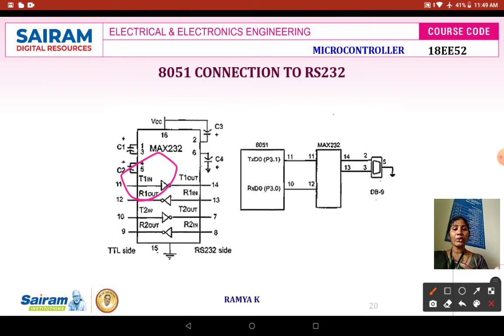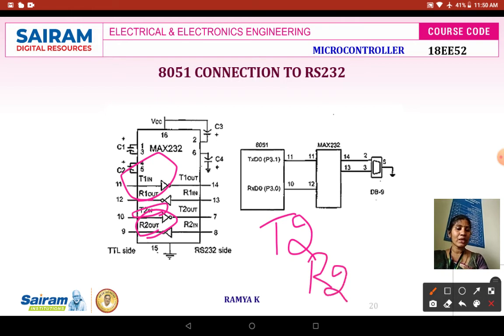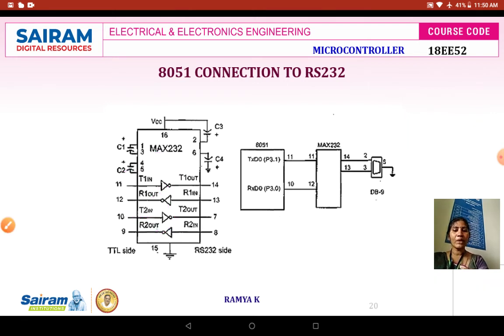Suppose I am using T2, I can use R2 for receiving the data. The other line drivers, T1 and R1, can be left open, meaning unused. Likewise, you can utilize T1 and R1 for transmitting and receiving your data.